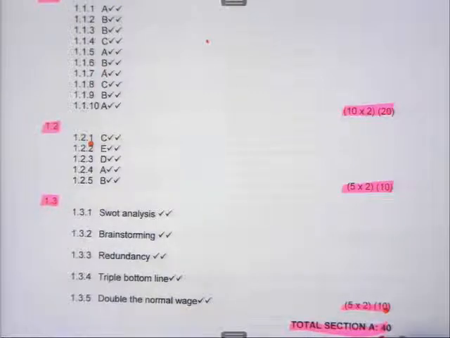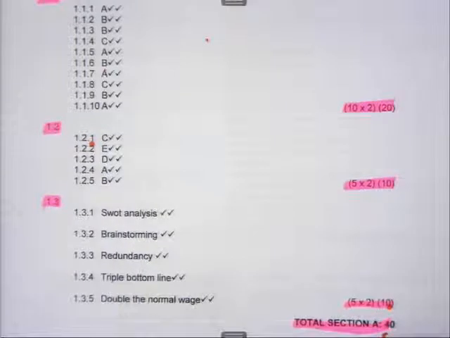And from here, we are going to take a break because we are done with section A. Like I said, there are no alternative answers. They are straightforward.